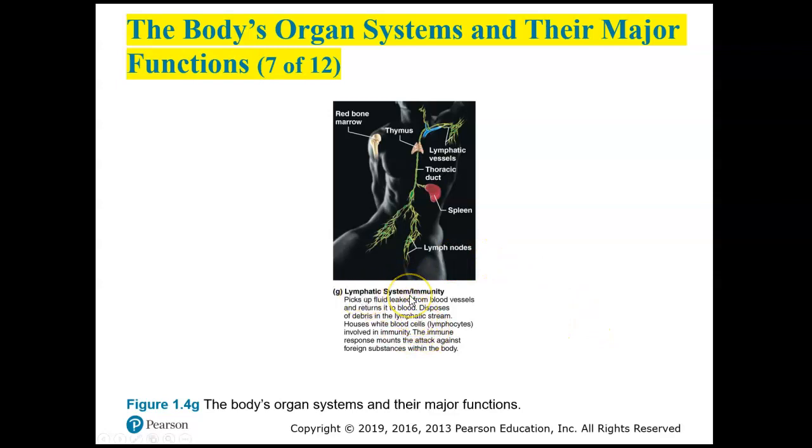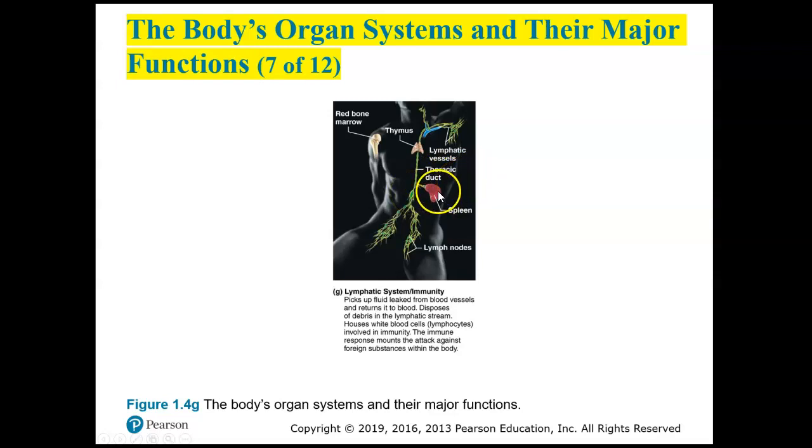The lymphatic system, which includes the immune system, consists of the red bone marrow and the thymus. These are what they call the primary lymphoid organs or lymphatic organs. Then you have lymphatic vessels, which are similar to blood vessels, except they don't carry blood, they carry a fluid called lymph.